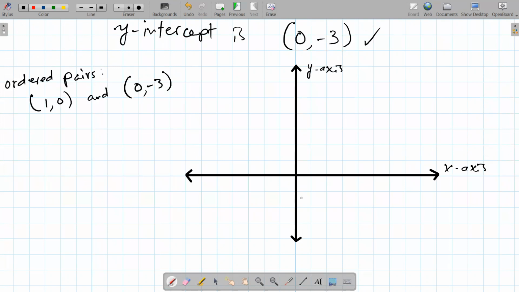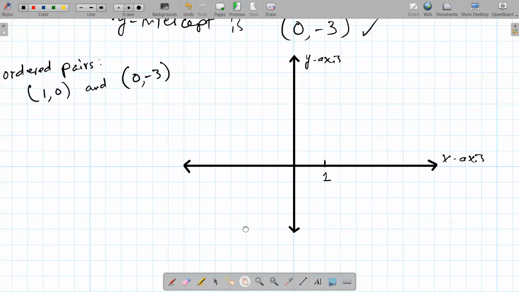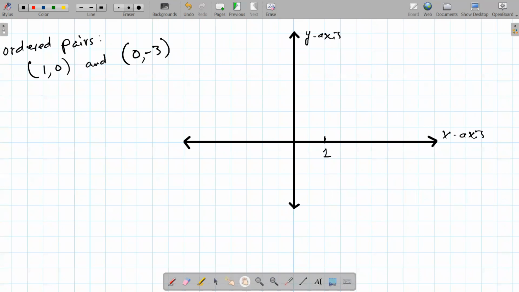So I'm going to assume that this is 1 here for x. It's my 1. And the y, I need to be able to locate the negative 3, and I want my graph to be a little bit bigger. So let me get rid of this here and extend it a little bit down.